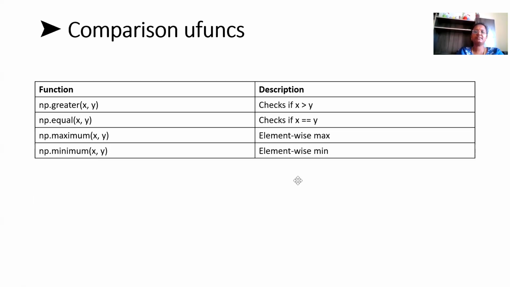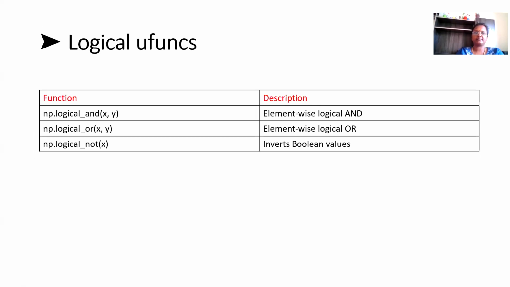Then comparison universal functions. In the previous lecture, we have seen the basic comparison operations: greater than, less than, equal to, maximum, minimum. Here, using this function directly, it will compare whether x is greater than y or not, whether x is equal to y or not. Likewise, the element-wise maximum and minimum values are taken care of by universal function syntax.